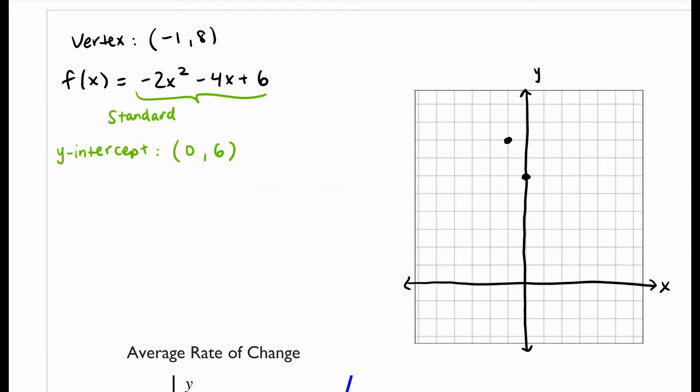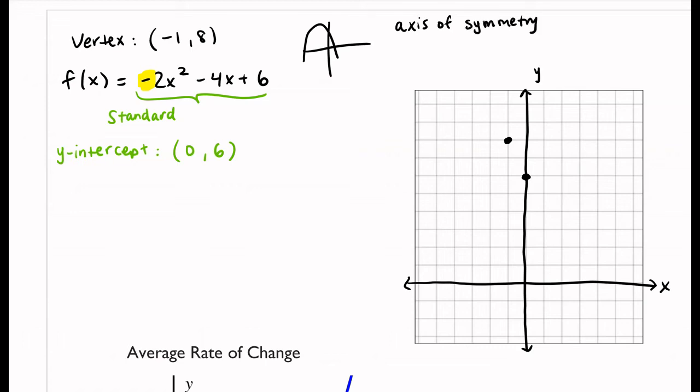And since we know that the vertex is, in this case, the highest point, since our a value is a negative number, that means that our graph is going to look something like that. It's going to be a frowny face. So our vertex is the highest point, but the vertex is also the location at which our graph is being mirrored. Sometimes you'll hear the axis of symmetry.